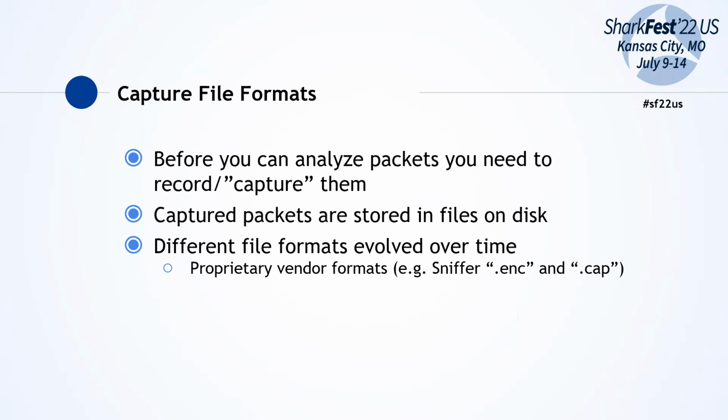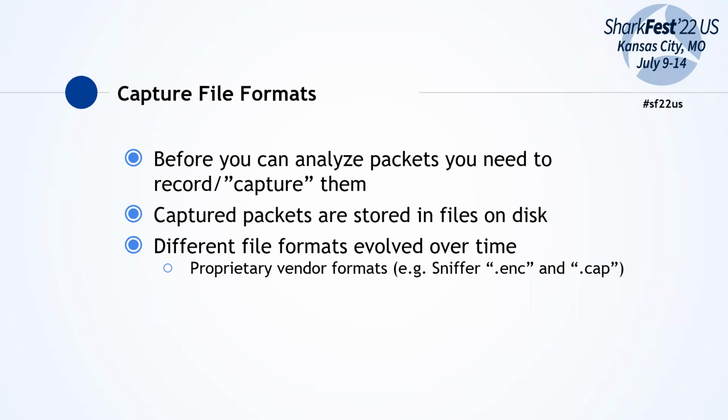Sniffer, for example, which was one of the first commercial analyzers, used the .enc format, which is in its simplicity quite similar to PCAP. And then there was a much more complicated .cap format. .enc is documented quite well, I think, and .cap isn't. So in the .cap there are some funny bytes and bits in there that nobody knows what they do. And I assume that even those who created it don't know anymore.